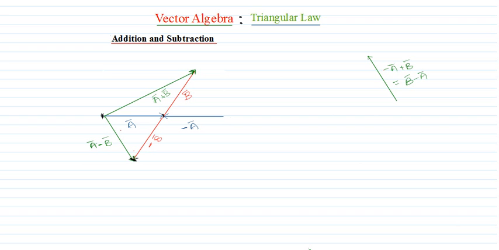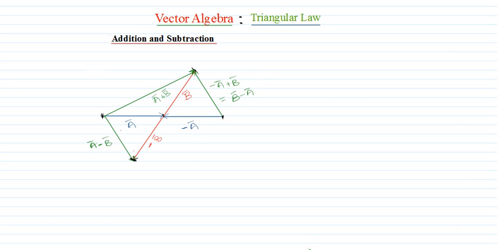Now to get vector b minus a or minus a plus b, we have to draw a line from the tail of vector minus a to the tip of vector b. So that can be drawn like this, vector b minus a, or it is minus a plus b. So this is a way to perform addition and subtraction using triangular law.